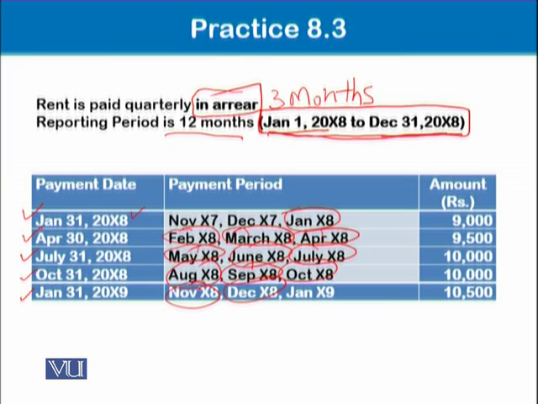So these are the 12 months which fall in this period. So as we discussed, the concept is belongingness. The period which belongs to this reporting year will be taken into expense.